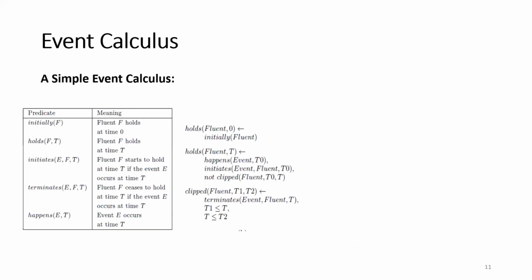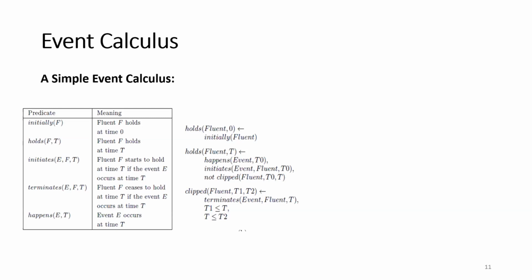So the event calculus, for those of you who are unaware of it, is a very simple way of reasoning with time. You can either look at the table or the logic program on the right. It basically has 2 kinds of things in it: fluents and events, and of course time. Fluents are things that change with time, and events are things that happen. Fluents are initiated by some event happening at some time t, and can be terminated by some event happening at some other time t.